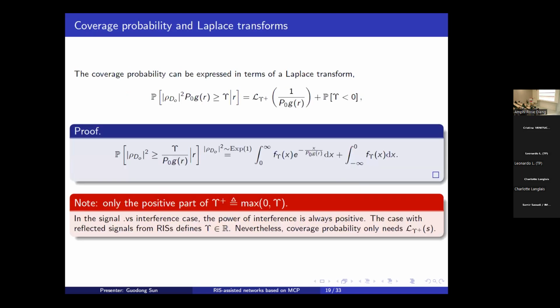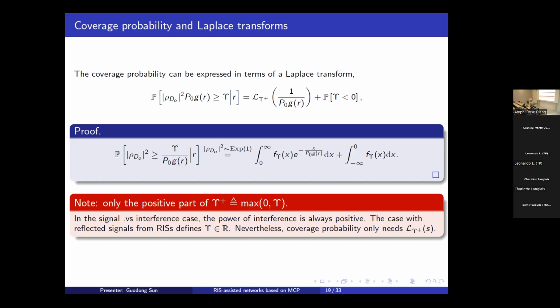Then we can use the trick of stochastic geometry to move the constant part to the right-hand side and try to use the exponential distribution. But here a problem arises: to find the tail distribution, you actually integrate from 0 to infinity of this distribution function.